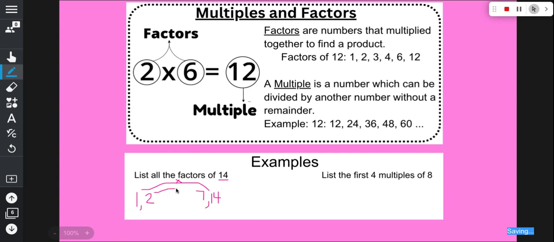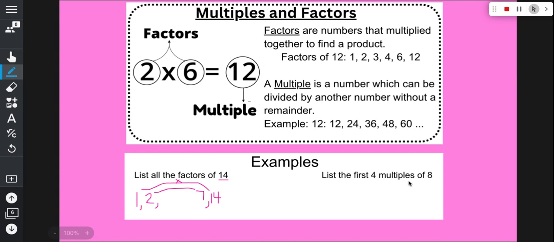So those two are paired together. 3 times nothing gets me to 14, so that's not going to be a factor pair. 4 times nothing, 5 times nothing, 6 times nothing, and then we're already back to the 7 that I have written down. So my factors for 14 are 1, 2, 7, and 14.